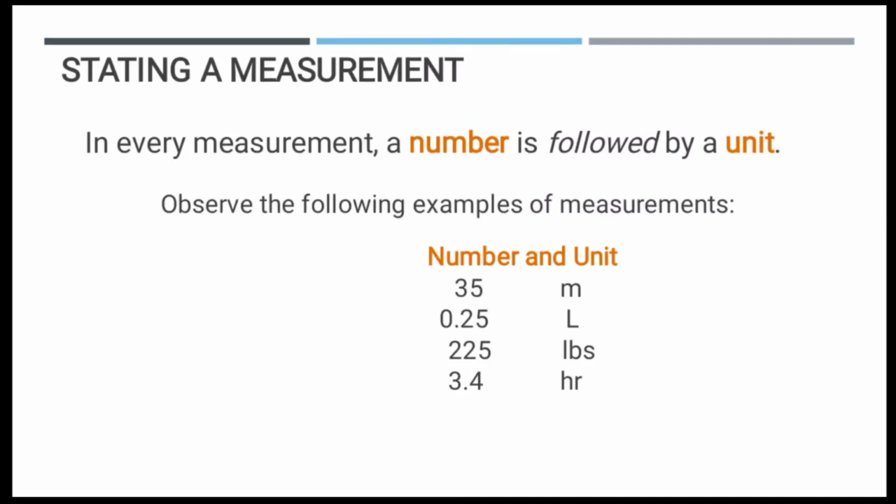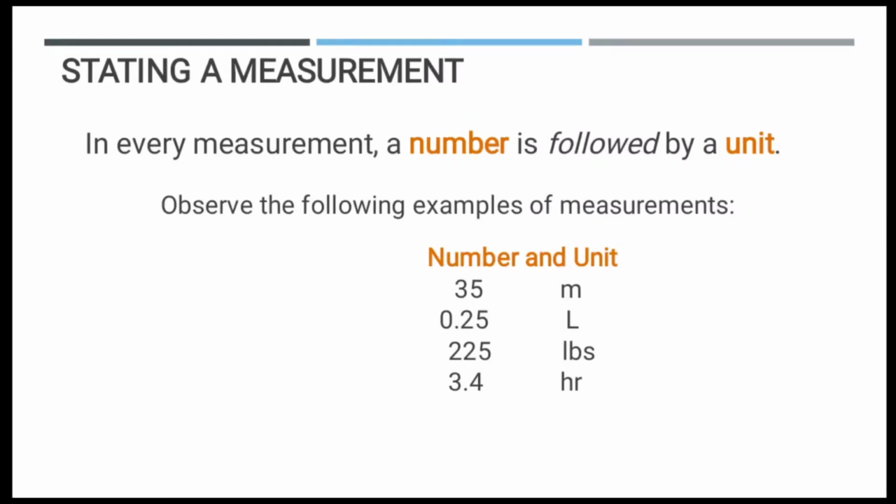We can say that it is 35 meters or 35 liters, 35 pounds. So you have to specify the unit. It is 35 grams or 35 kilograms, something like that. Okay, you have to include the unit. A unit of a specific measurement is really important. Don't forget that unit after the number of your measurement.